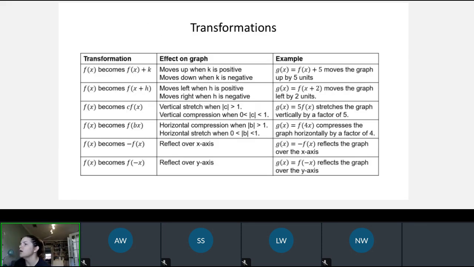Here we go. All right, so if you have not already written down the linear functions or the transformations of linear function rules, these are it. So if you want to take a picture, that's great.